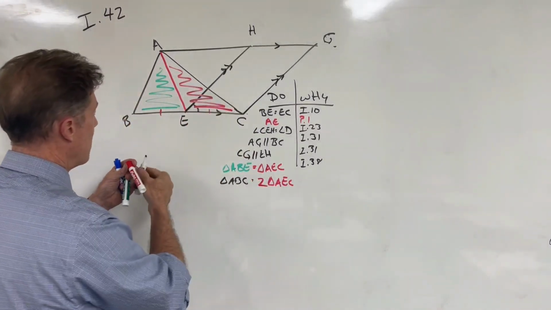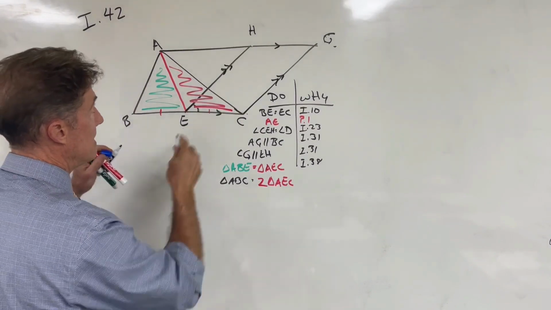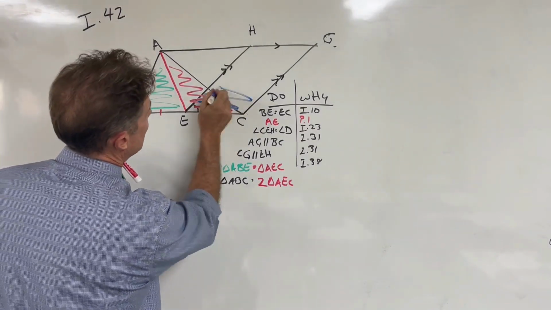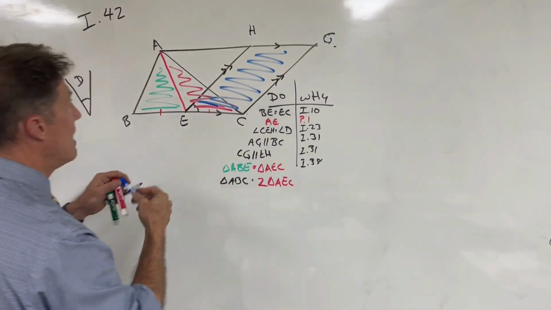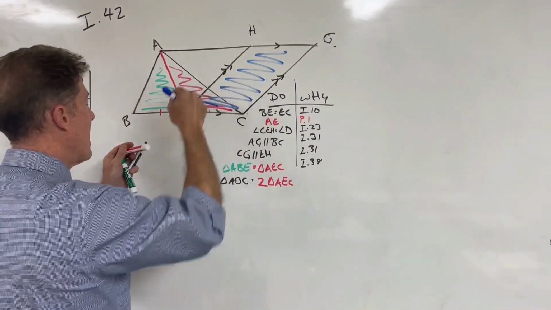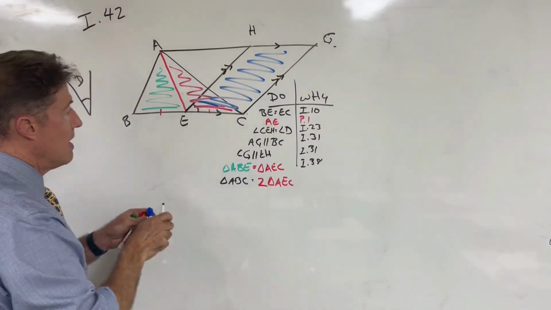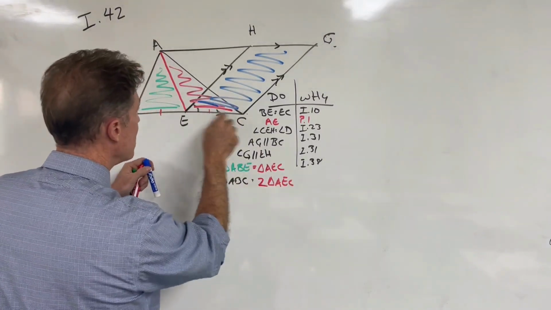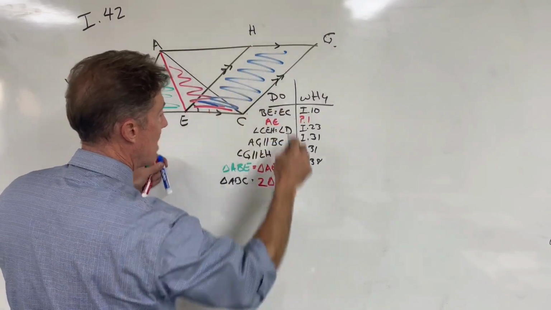Now let's take a look at our parallelogram ECGH, which I'm going to highlight here in blue. And when we look at this blue parallelogram and the red triangle, we should note that they're both on the same base and contained in the same parallels.